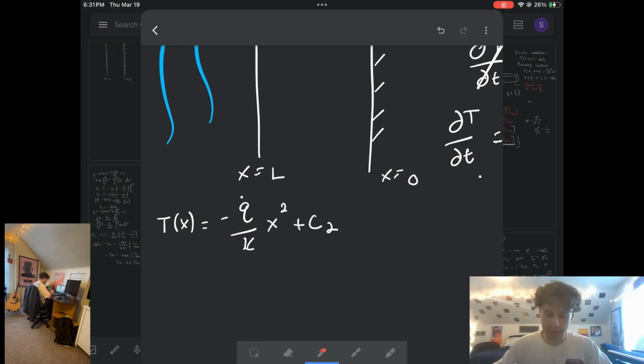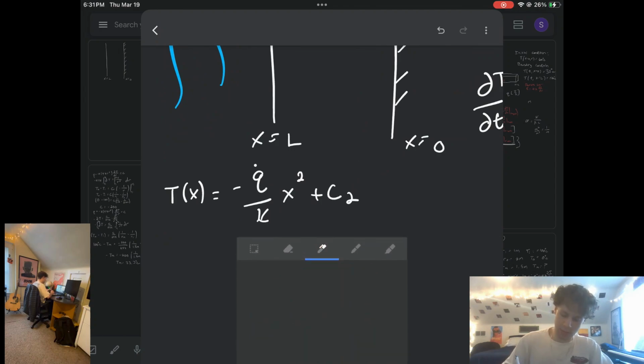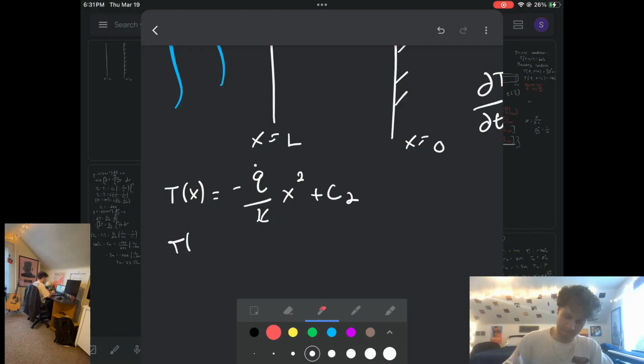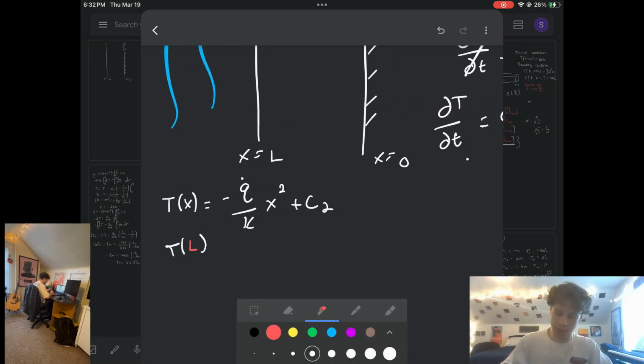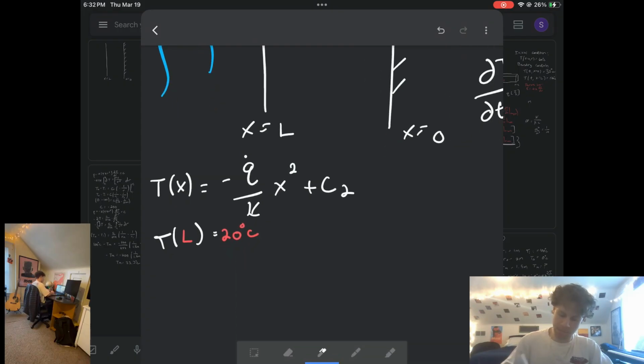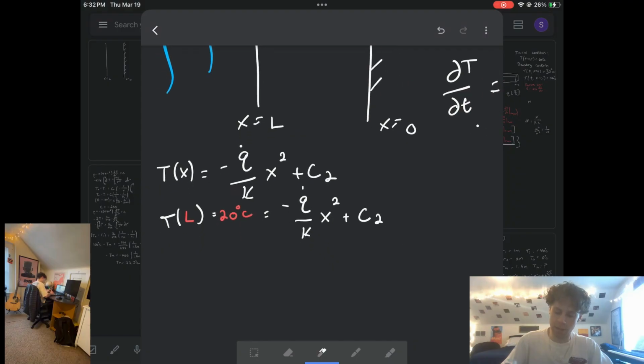The temperature at x equals L, so TL, should be equal to 20 degrees Celsius, which is equal to our negative heat generation divided by thermal conductivity times our x squared plus our C2 term.